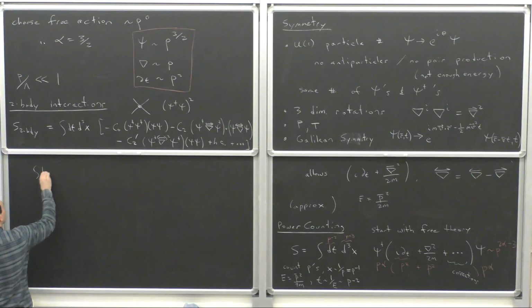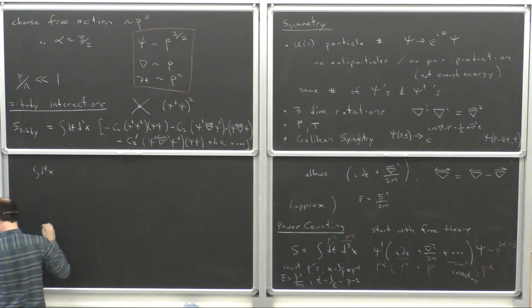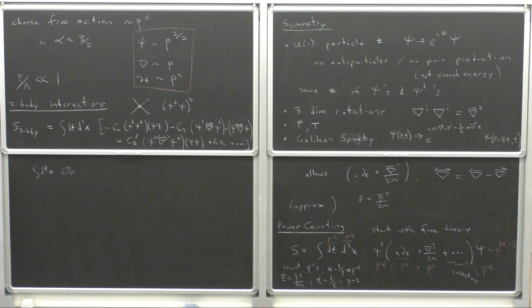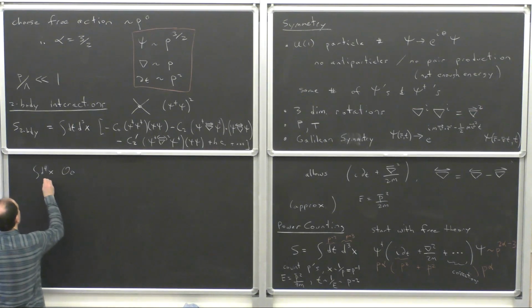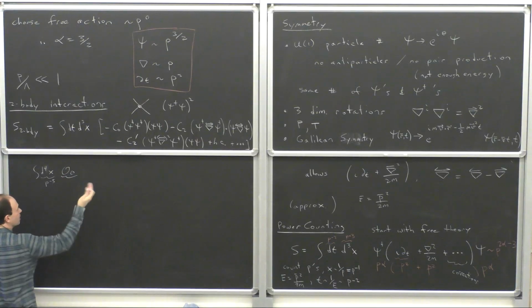Okay, let me call the operators here O. So we have the integral d4x, time and space, of C0 O0. We don't know the C0, we want to figure out what the power counting for this C0 is, or what the dimensions are, how things are working. So let's think about d4x for O0. Well, this is p to the minus 5. And we look at the psi dagger psi all squared.